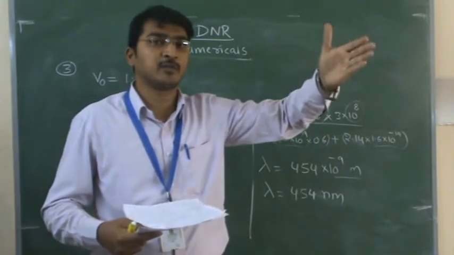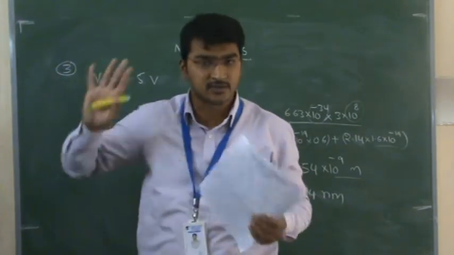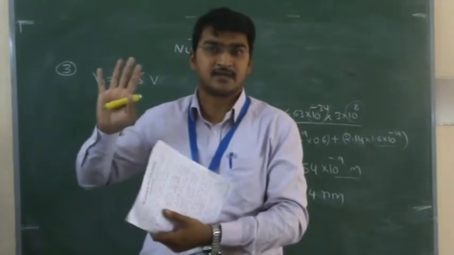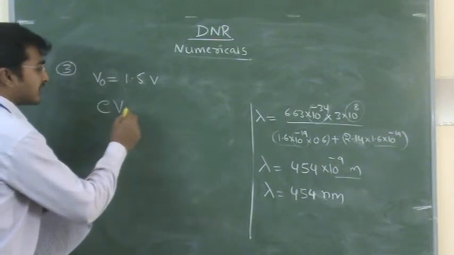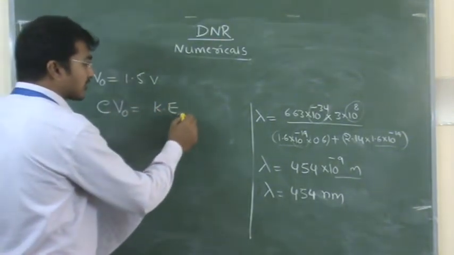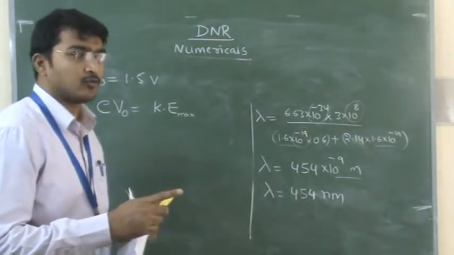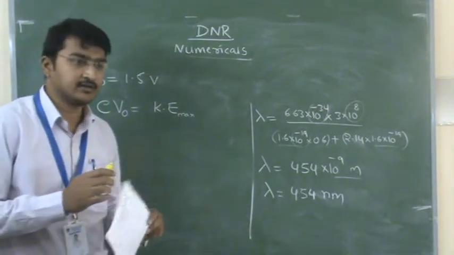At a particular negative potential of the anode, the electrons' kinetic energy becomes zero, so we have applied the same amount of energy on the opposite side. So we have the formula: eV naught is equal to the maximum kinetic energy of electrons in the photoelectric equation.